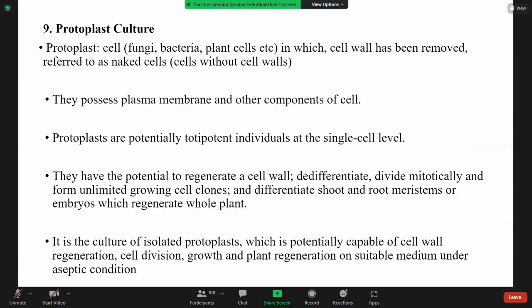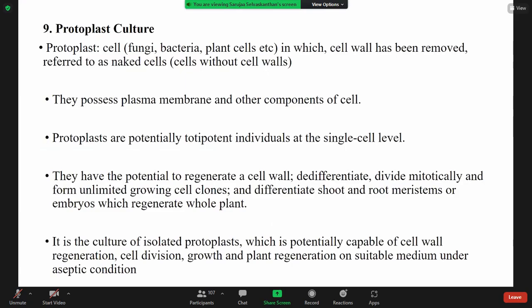So they have the potential to regenerate a cell wall, de-differentiate, divide mitotically, and form unlimited growing cell clones, and differentiate shoot and root meristems or embryos which regenerate a whole plant. It is the culture of isolated protoplasts which are capable of cell wall regeneration, cell division, growth and plant regeneration.